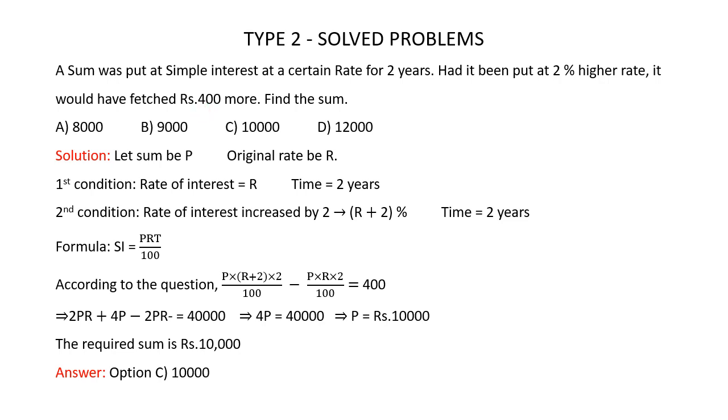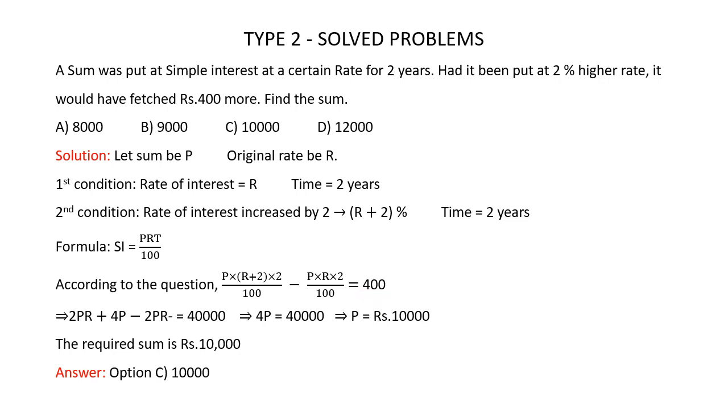Now we know that simple interest is equal to PRT divided by 100. So according to the question, P multiplied by the new higher rate of interest which is (R plus 2) multiplied by 2 divided by 100 minus P multiplied by the original lower rate of interest which is R multiplied by 2 divided by 100 is equal to 400.